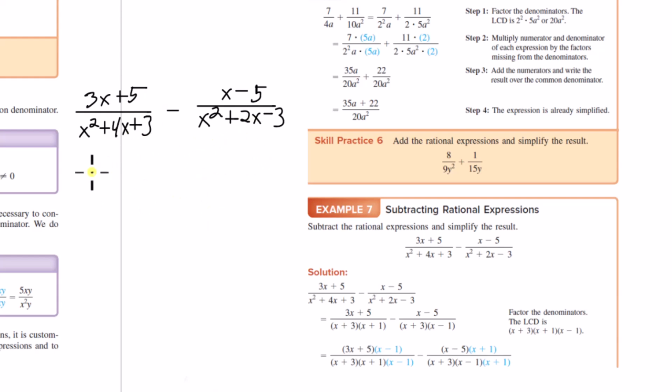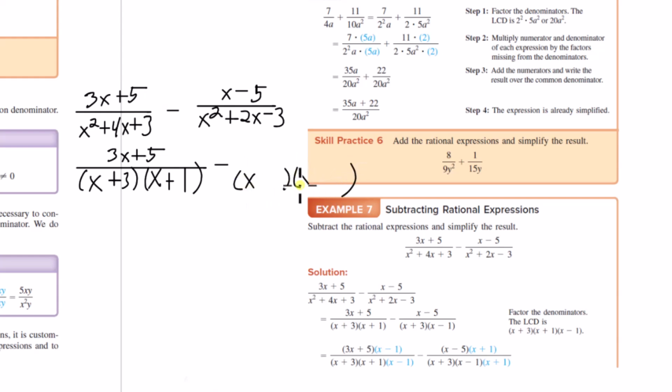So here we're going to have x, and then we can do 3, 1, plus, plus. And then here we can do x, 3, 1, and then plus, minus.